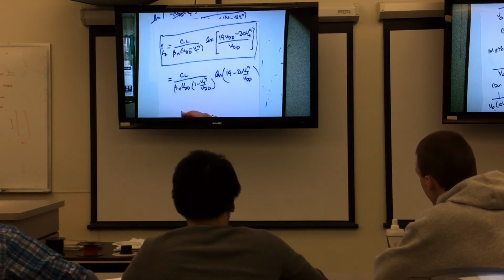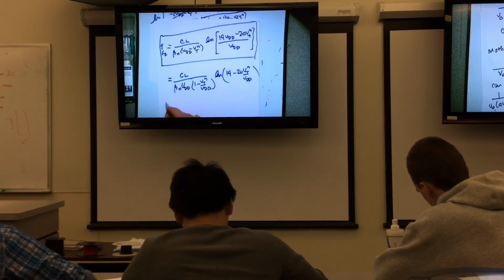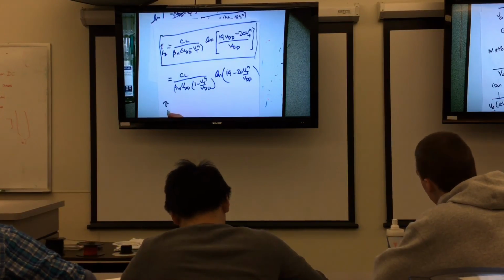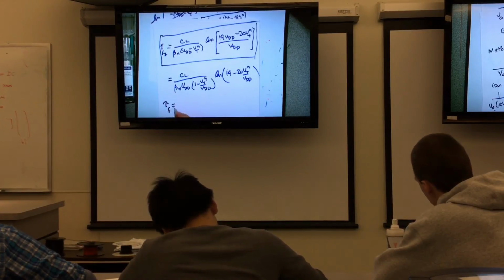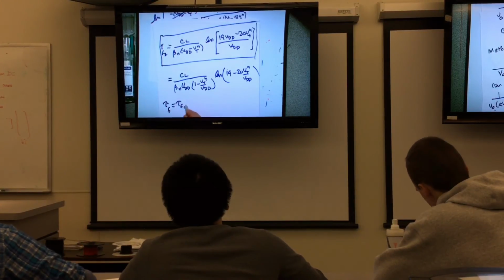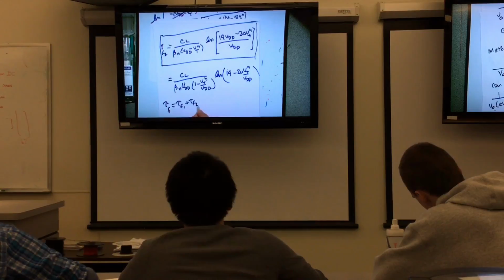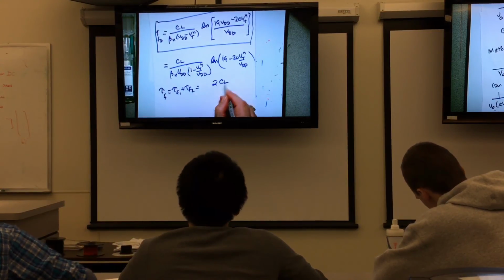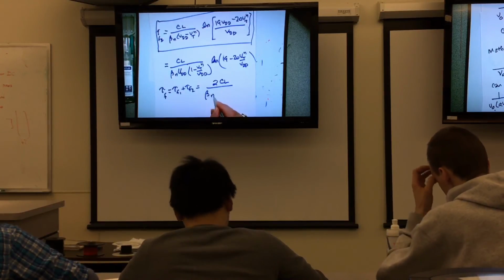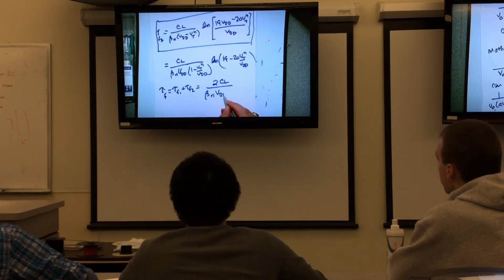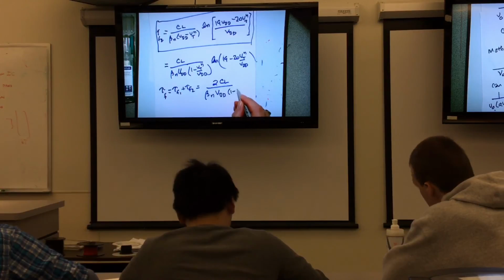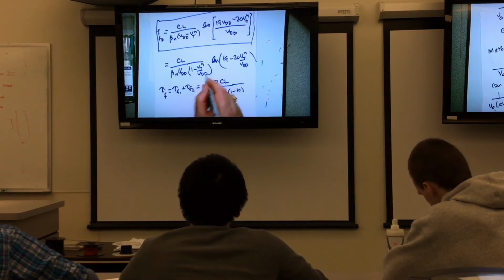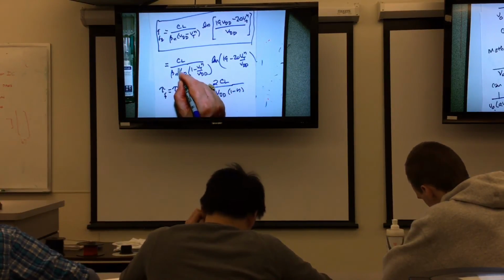And that can be put together with the tau one we had earlier, which was tau F. And that becomes 2 C sub L divided by beta N. There's the VDD. There's a 1 minus n, which is here. There's the VDD.